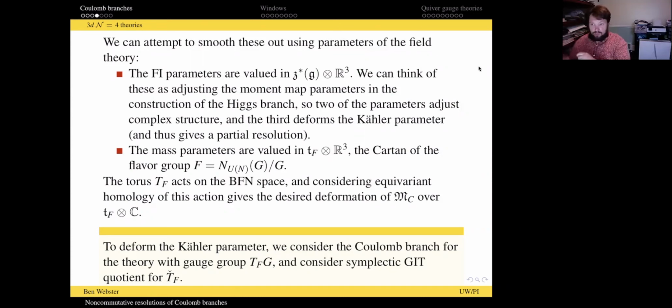And you can do Hamiltonian reduction with respect to that. And if you want to do the resolution, you take a GIT quotient. So this is the construction in Braverman-Finkelberg-Nakajima's paper, Line Bundles on Coulomb Branches. All right. Are there any questions?